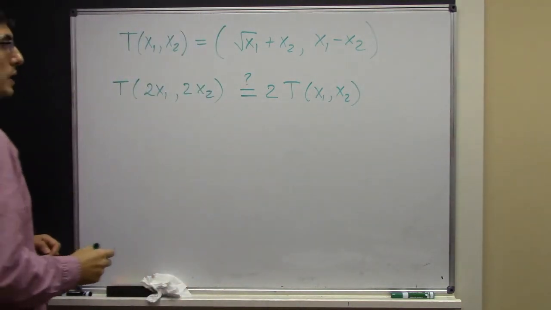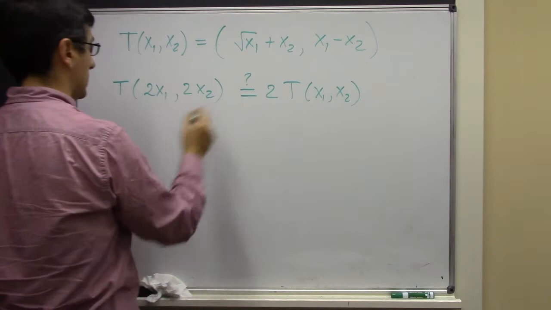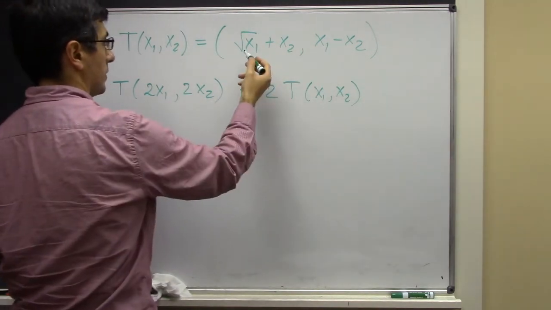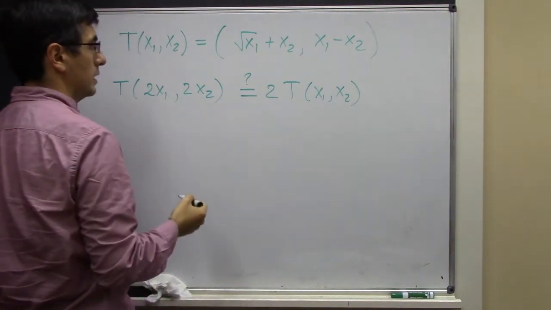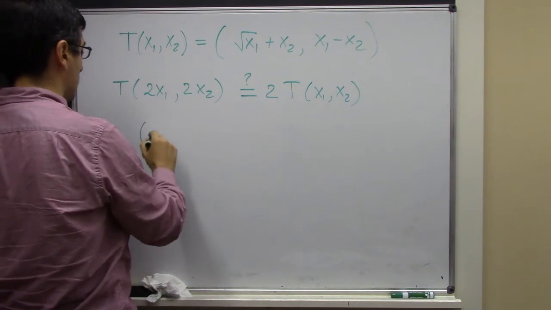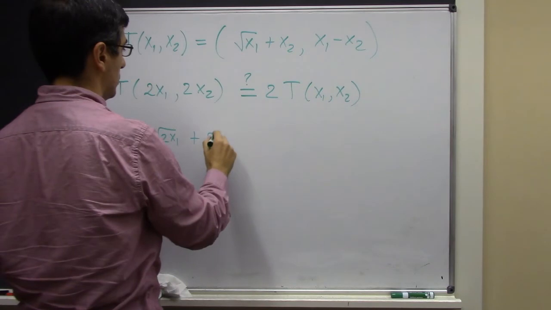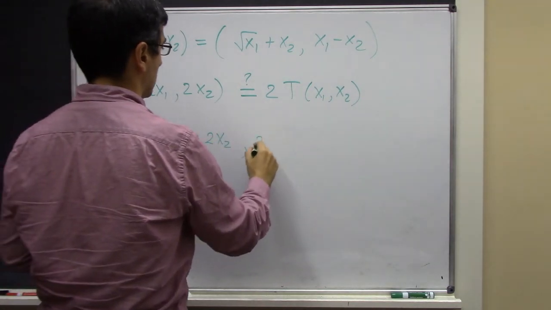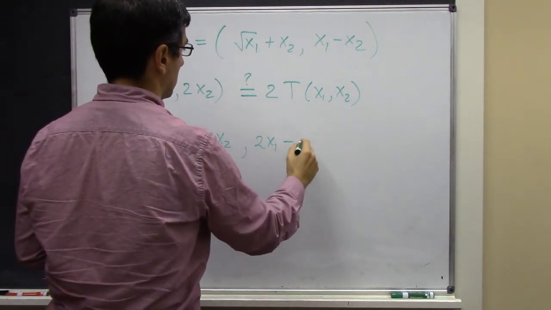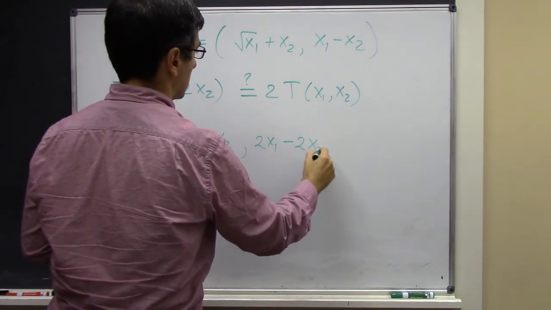This should be true. But if you look at what happens when you multiply x1 and x2 by 2, you get 2x1 plus 2x2, 2x1 minus 2x2.